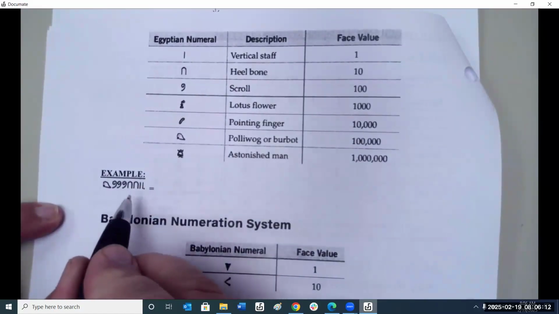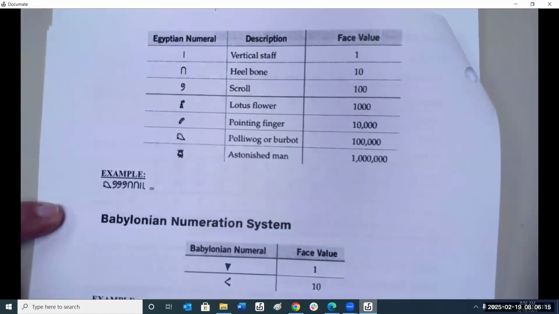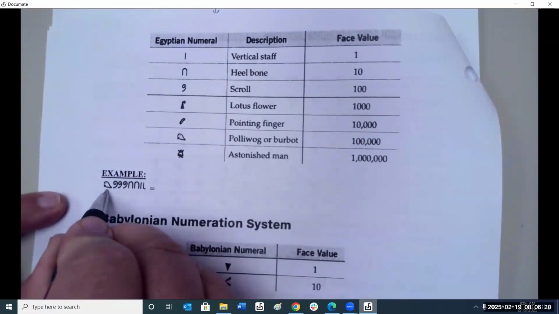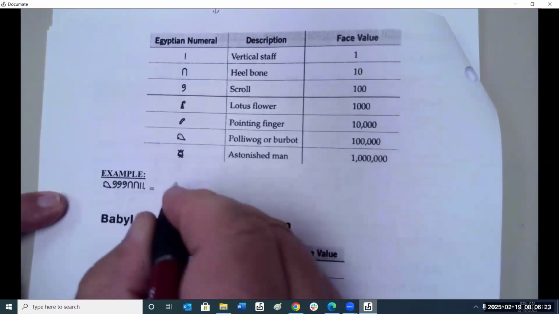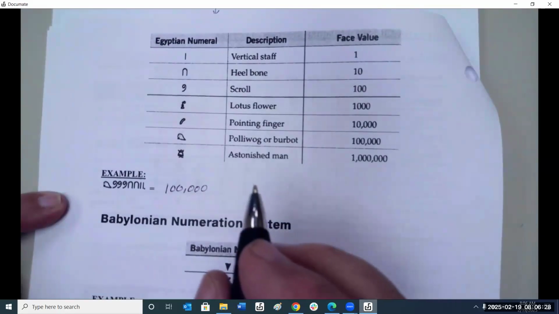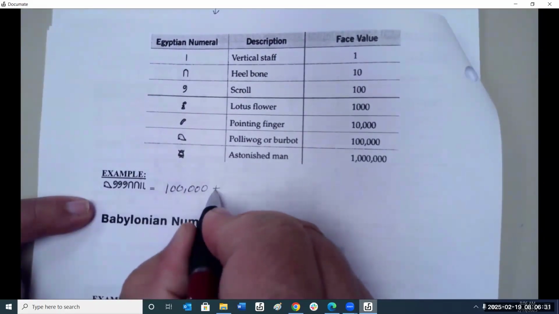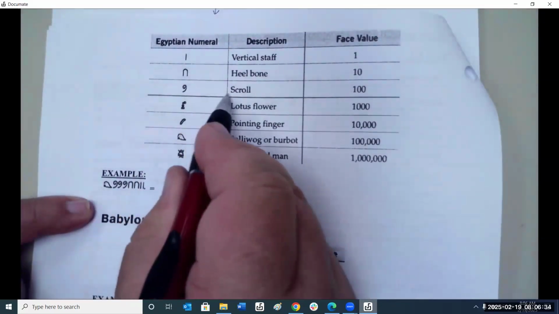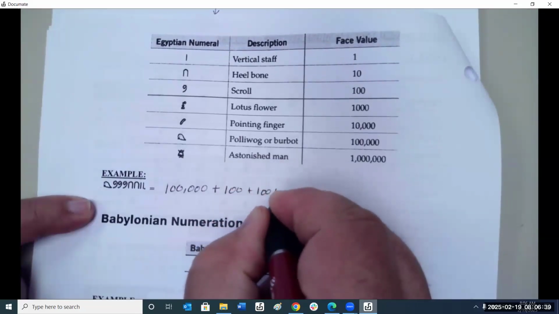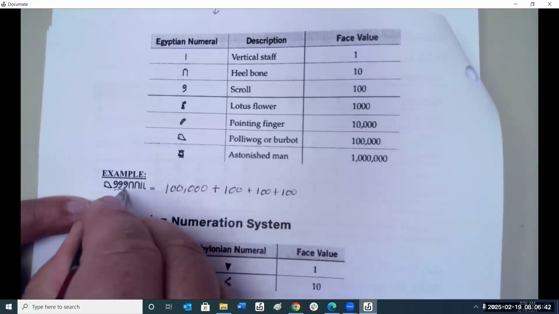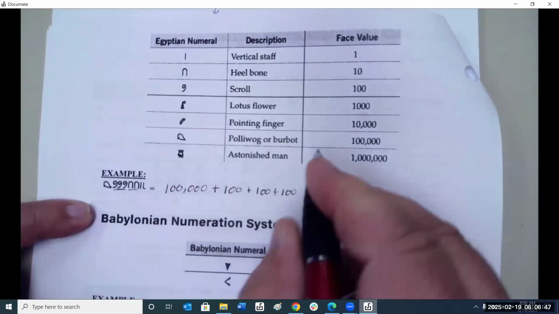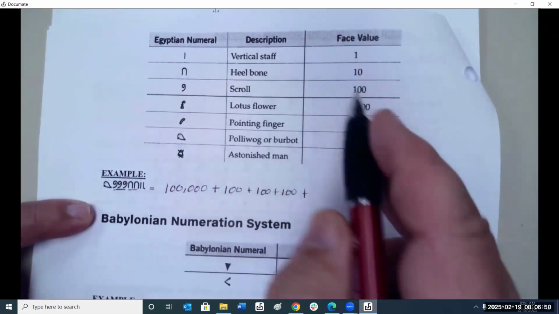So let's convert that using this template. The polywog, which is that first symbol, represents 100,000. So we have 100,000. Then we have 3 scrolls. Each scroll is worth 100. Then we had 2 heel bones. Heel bones counted as 10.